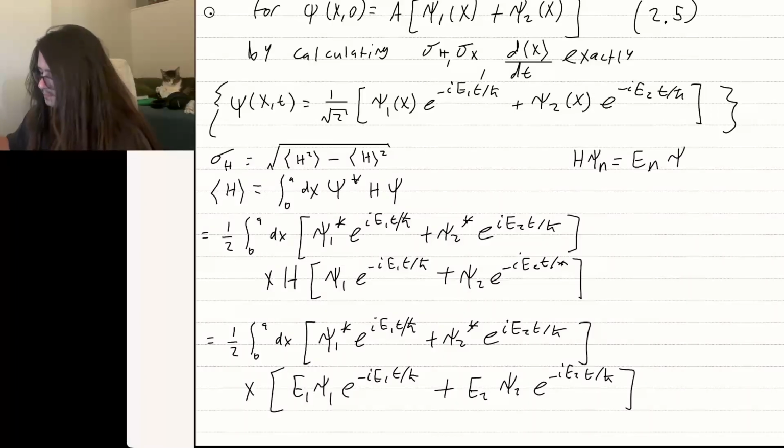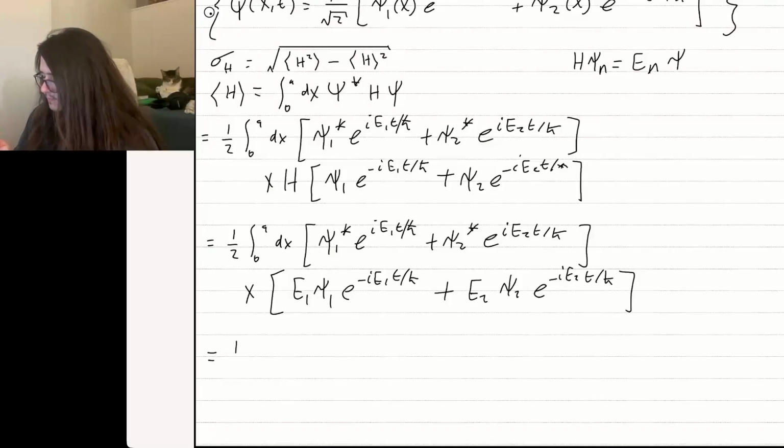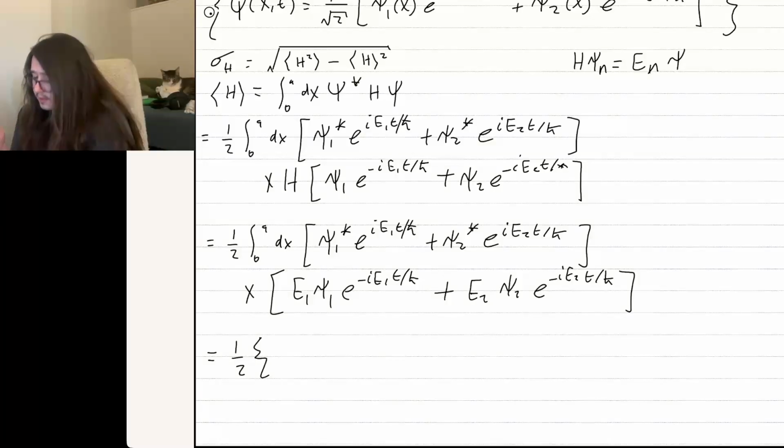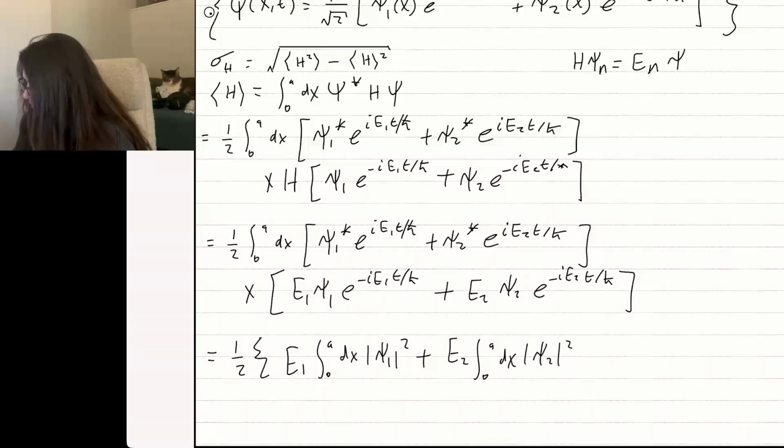Now, we're going to have to multiply these together, so I'm going to do a curly bracket here because there's going to be one term proportional to E1, that's just the integral from 0 to a dx of the square modulus of psi 1 times nothing, plus an E2 term, 0 to a dx of psi 2 squared with nothing attached to that.